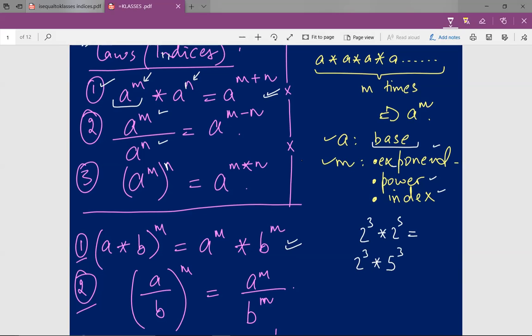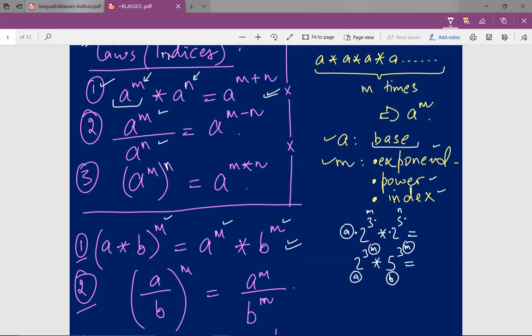I hope you understand that here the 2s are A, and the powers are M and N. But in this case, this is A, this is B, and this power is the same. See, this power is the same. The exponent is the same. This power M.